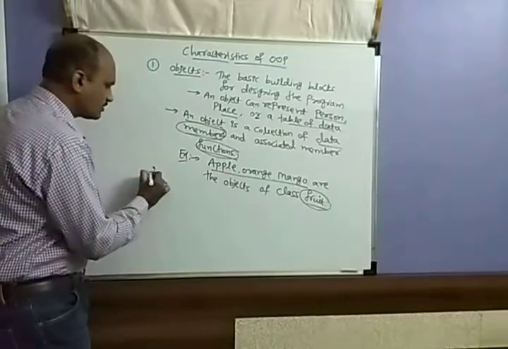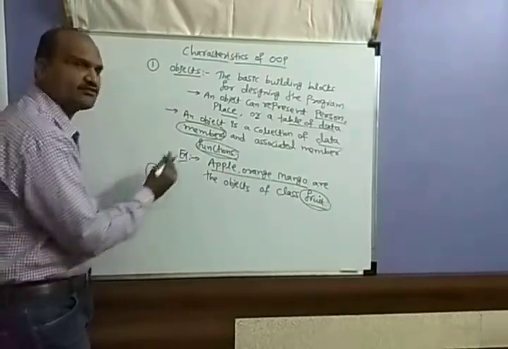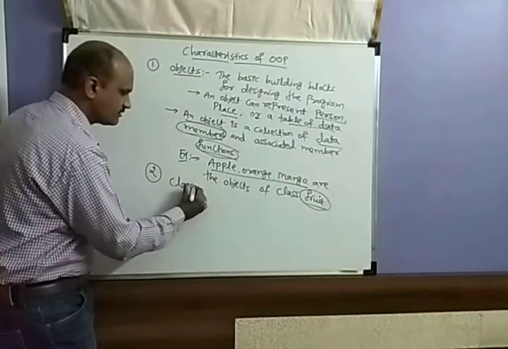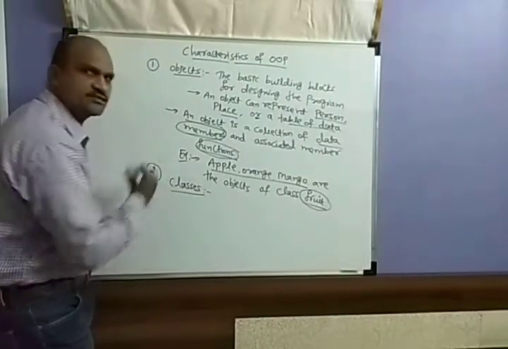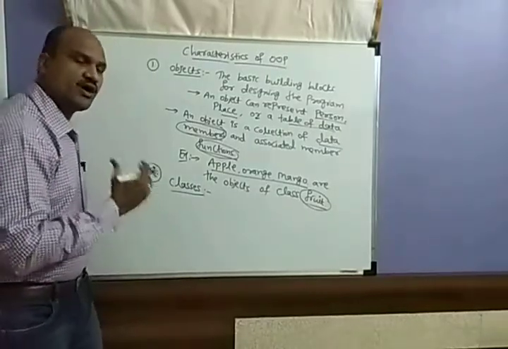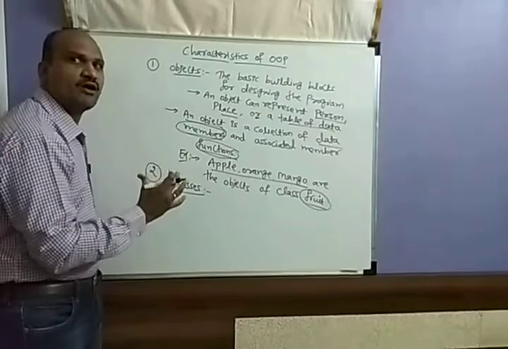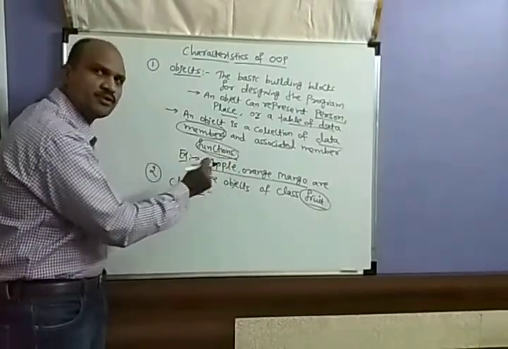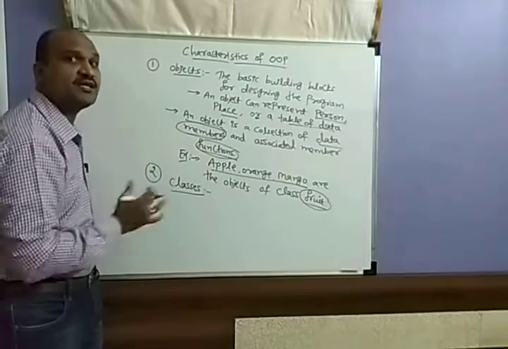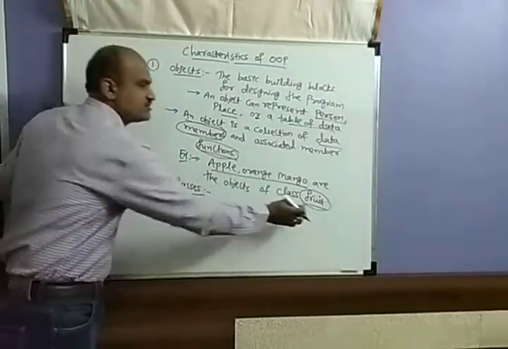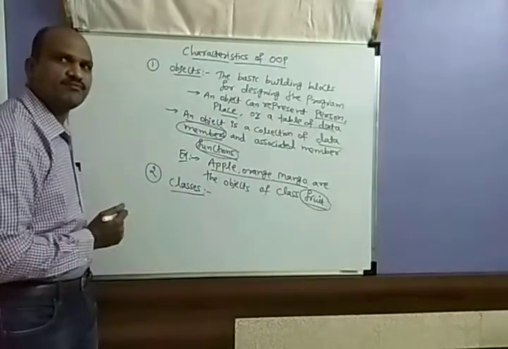Now the second characteristic is the classes. What is a class here? A class is a way of grouping objects having similar characteristics. See, apple, orange, mango have similar characteristics, which means they come under the fruit.